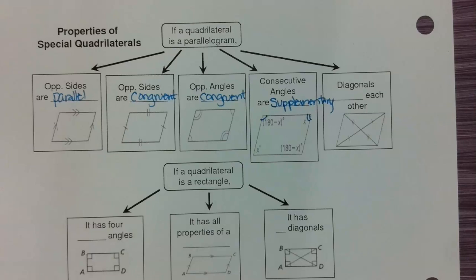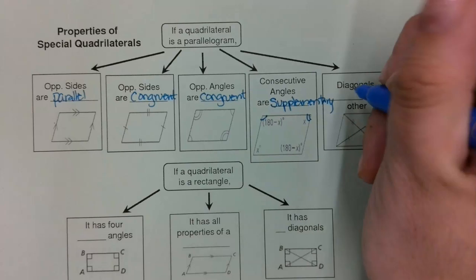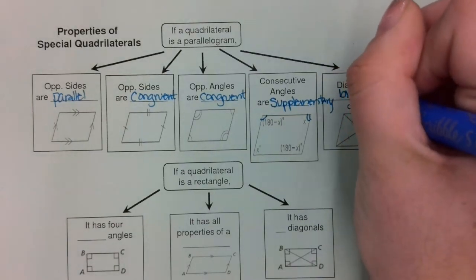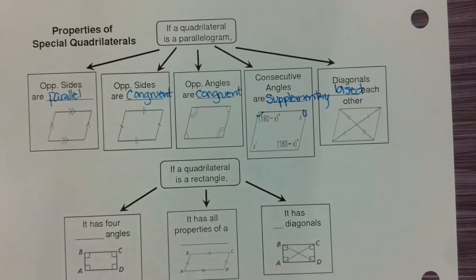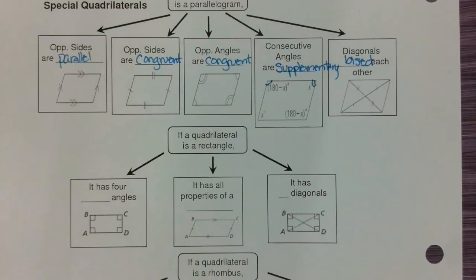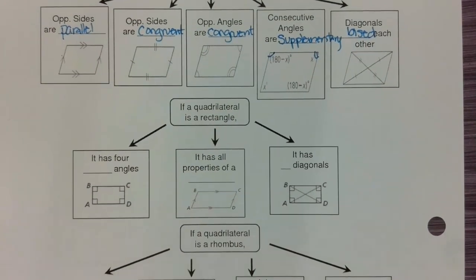And diagonals, notice how these two, once they cross, they're the same length. Diagonals bisect each other, so it cuts each other in half. The diagonal is going from one end of the corner to another, one corner to another that it's not touching. So rectangles have 4 what kind of angles?